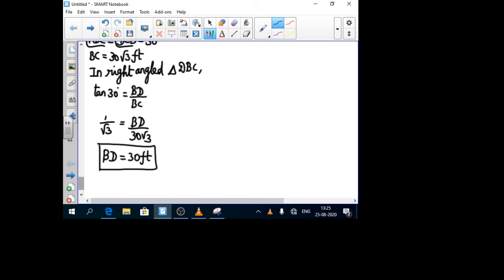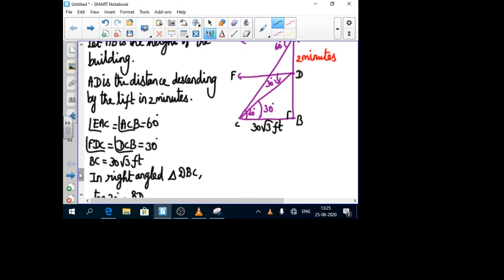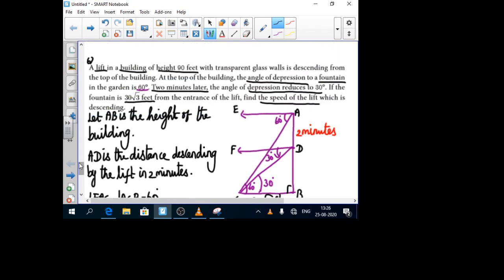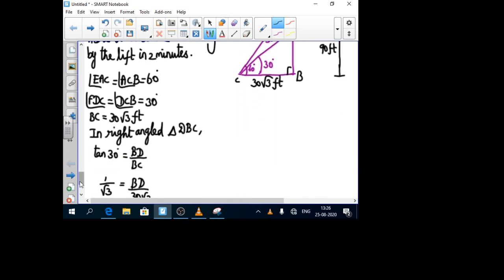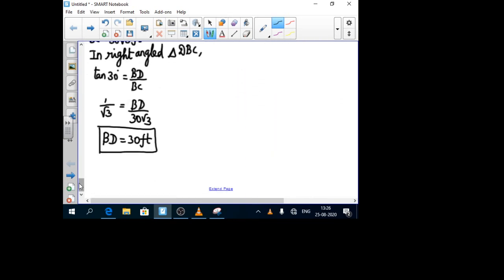Why are we finding BD? The total height of the building is given as 90 feet. I didn't mark this one. This total height of the building is 90 feet. For finding the distance descending by the lift, we have to find AD. The total height AB is 90, and BD value is 30.